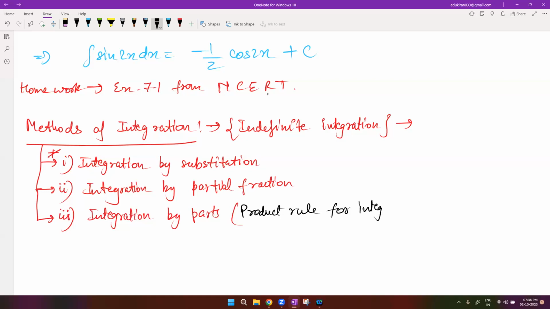How we approach this will be covered in the topic itself. But for now, just remember that when two functions fx and gx are multiplied, how do we integrate fx into gx? That will be taught in integration by parts. So this is nothing but the product rule for integration.